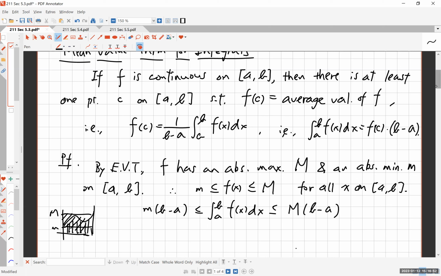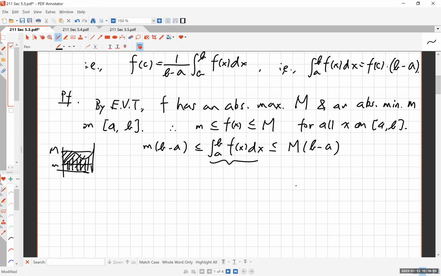This integral is between this small rectangle and this big rectangle. This is sort of like the sandwich theorem or the squeeze theorem.